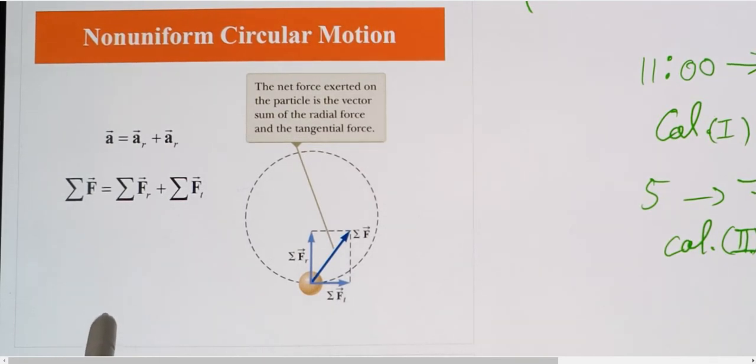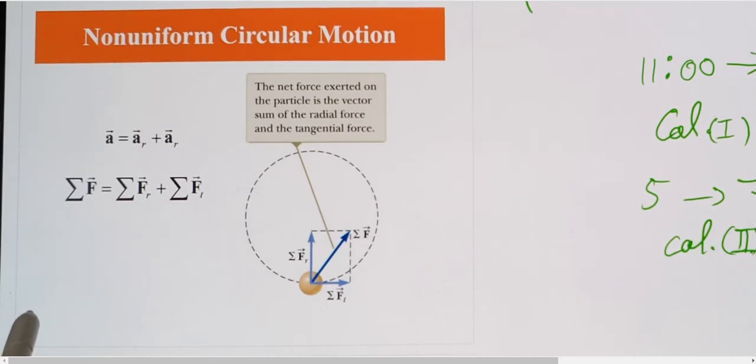Previously, velocity only was changing and speed was constant, so we had only the radial component, or the centripetal component, of the acceleration. Now we add a little bit more complications.